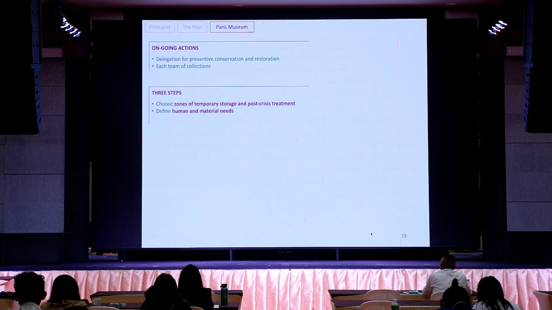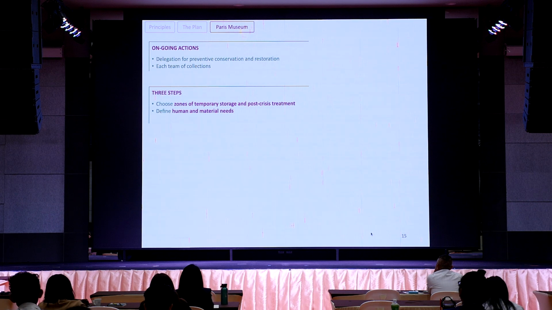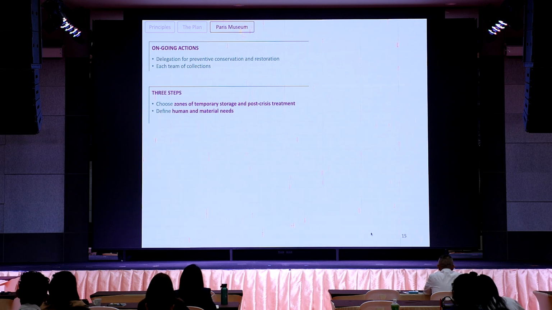To organize the team, we follow three steps. The first two steps are to organize the temporary storage zones that we mentioned earlier, and the area for post-crisis treatment, and also to evaluate all the needs, all the material aspects involved, and all the human resources that have to be organized to come and help. These two steps are organized by the delegation, because each collection in the museum cannot plan its own temporary storage zones and material needs.